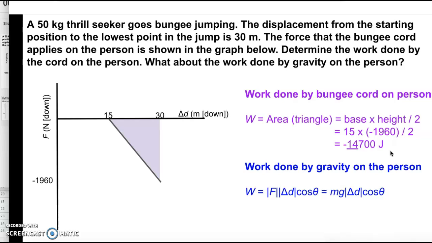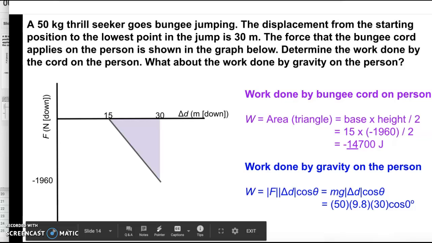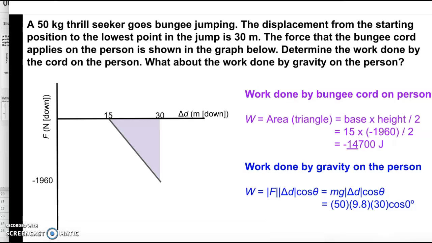There is no angle between them. So I plug in all those numbers. Cosine of 0 degrees equals 1. So that's not going to affect anything. So the answer is going to be 50 times 9.8 times 30, which turns out to be 14,700 joules.